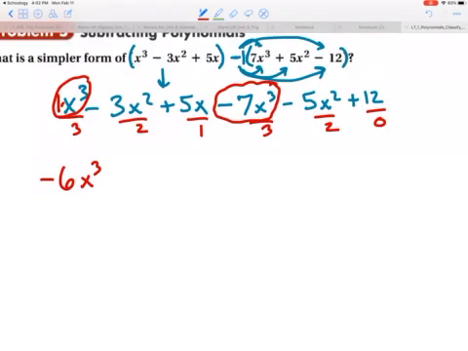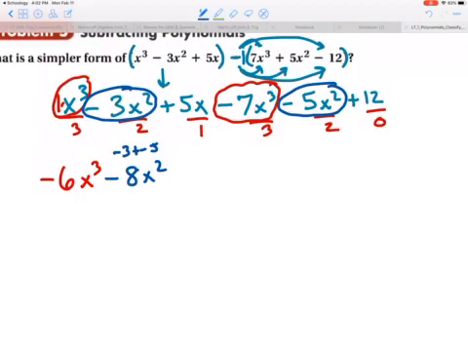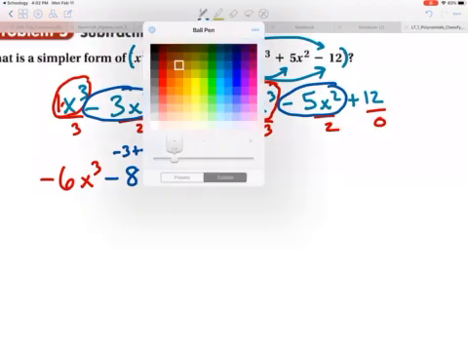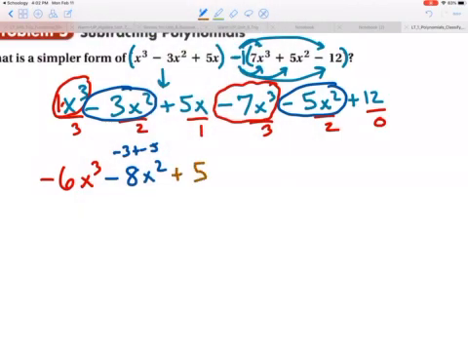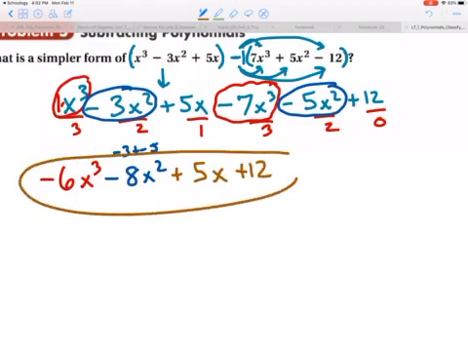Then for a degree of 2, I've got negative 3x squared, negative 5x squared, and negative 3 plus negative 5 is negative 8x squared. Then I have plus 5x and plus 12. That is how you add or subtract polynomials and then rewrite it in standard form, descending by degree.